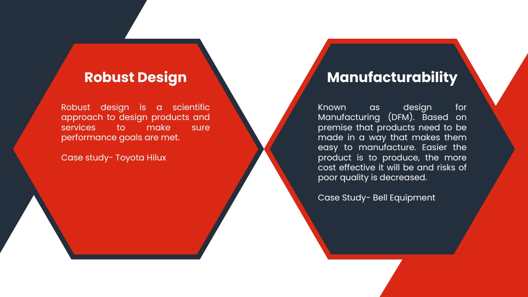So whether it's in an urban area for commuting or in off-road conditions, that's your robust design in a Toyota Hilux. From a minimizing variation perspective, the manufacturing process itself for the Toyota Hilux is there so that it's consistent in quality and performance.